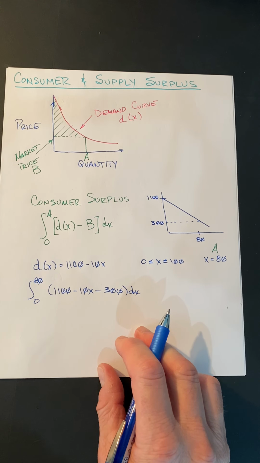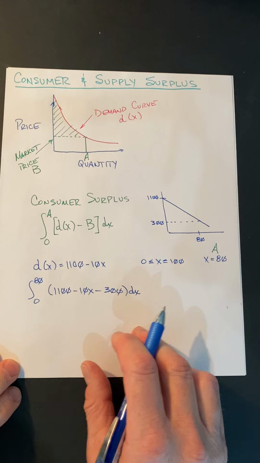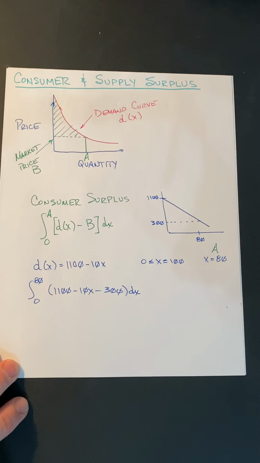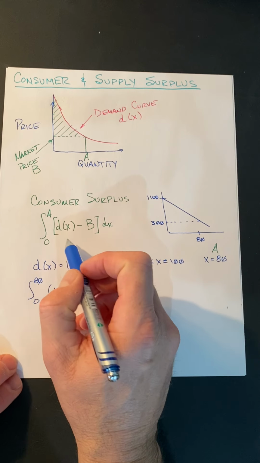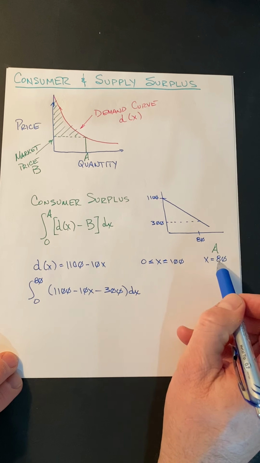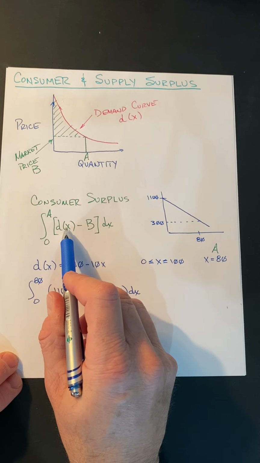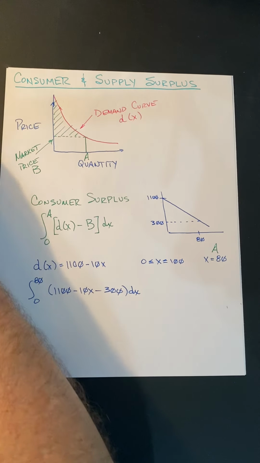How did we find that, though? In order to find that, we had to take the value of 80 and put it in my demand function.